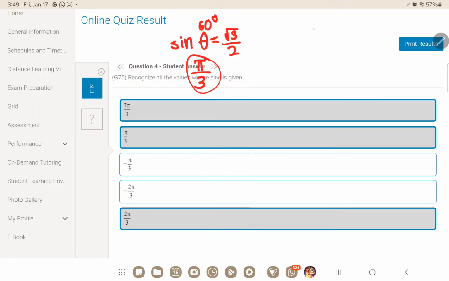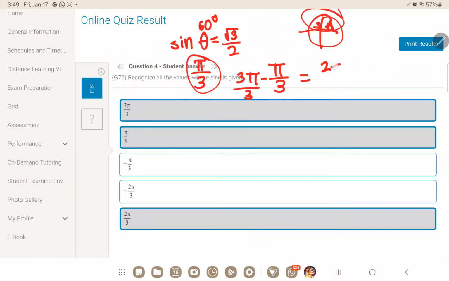Now for sine, we know that for the sine graph, it's all students, so these two. So what you do for sine is pi over 3 is your first angle. Then you do pi minus pi over 3. So 3 pi over 3 minus pi over 3 gives you 2 pi over 3. This will be your second angle. So these are your two angles that give you radical 3 over 2.